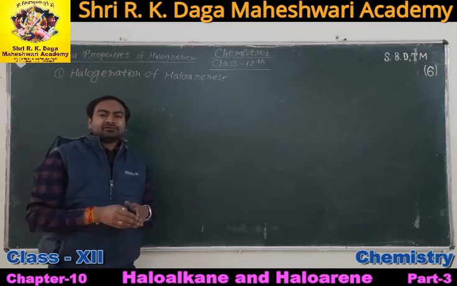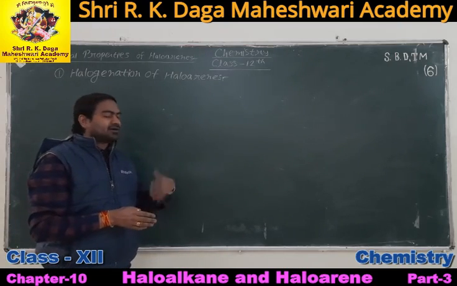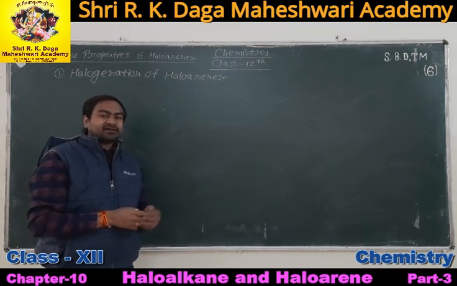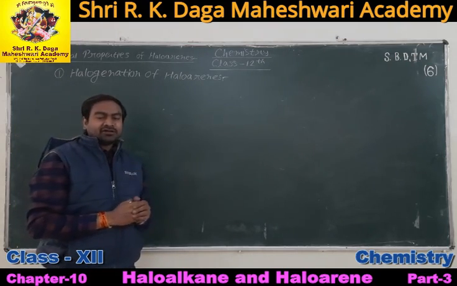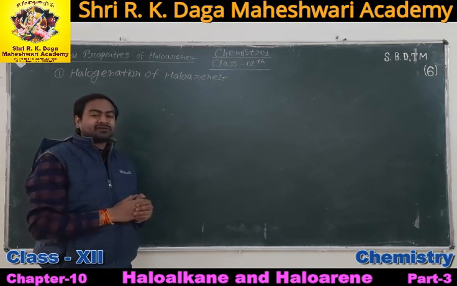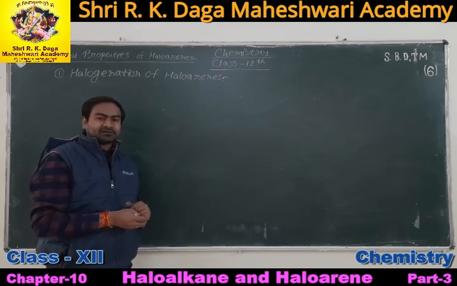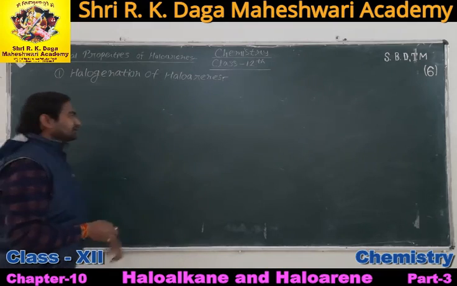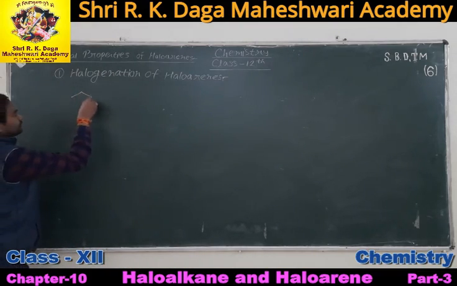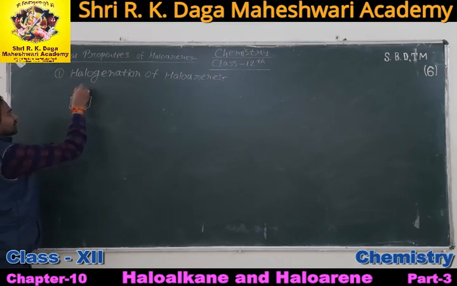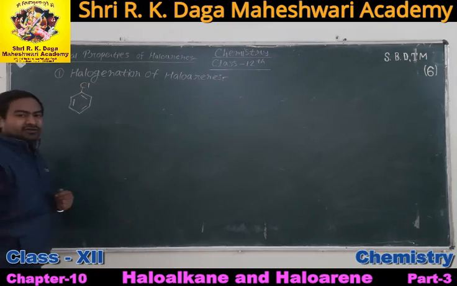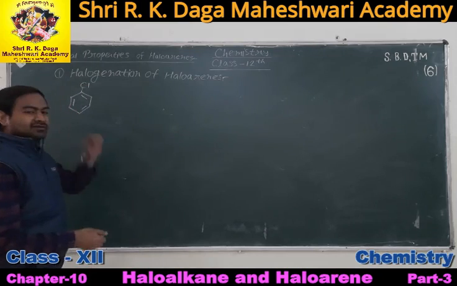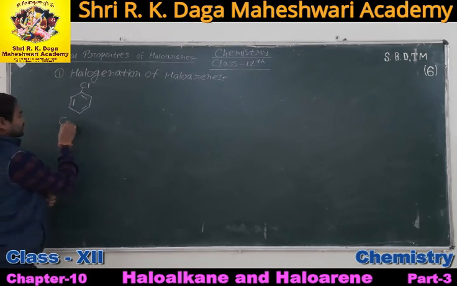Here, haloarene will react with a compound which can provide it a halogen, and after that will form a compound together. That's why it is known as halogenation of haloarene. This is chlorobenzene.